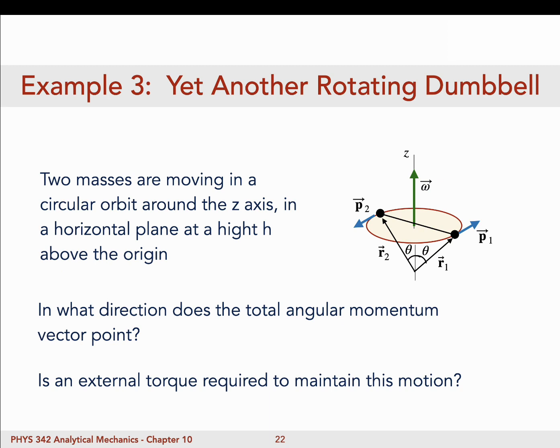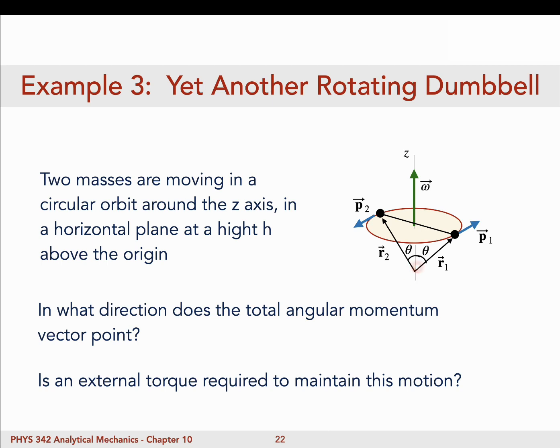Okay, last example. Let's now consider the case where our pivot point is down here. Both objects are now spinning around the z-axis, but now they're in the same plane. They're in the same plane, but that plane doesn't contain the pivot point at the origin.